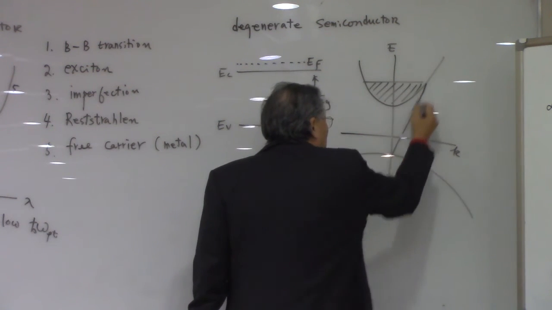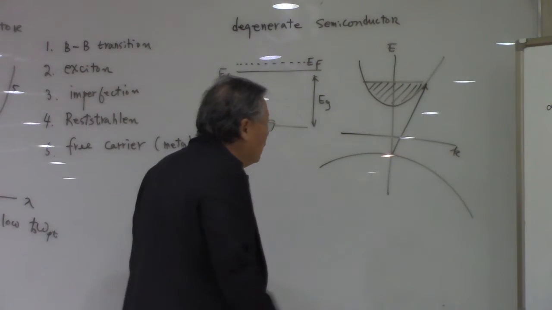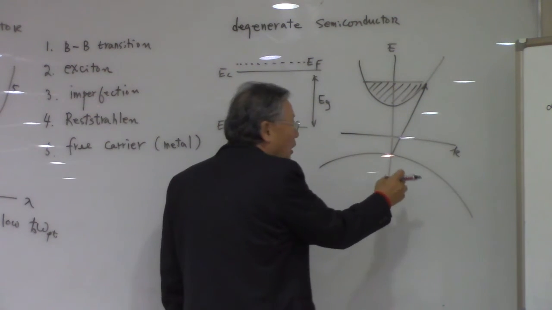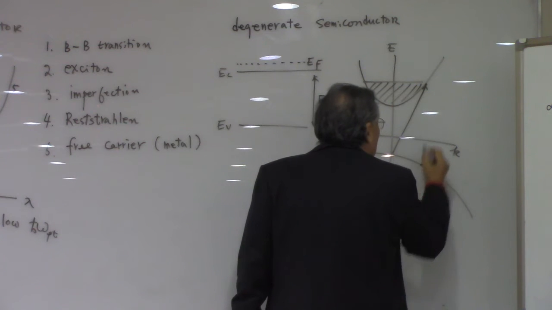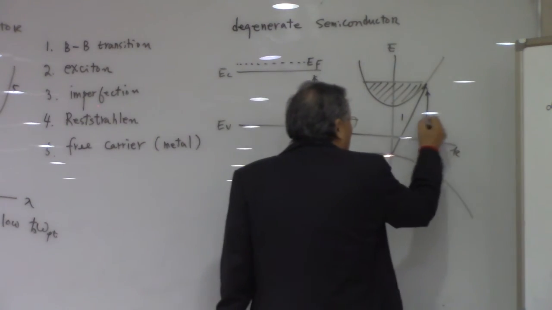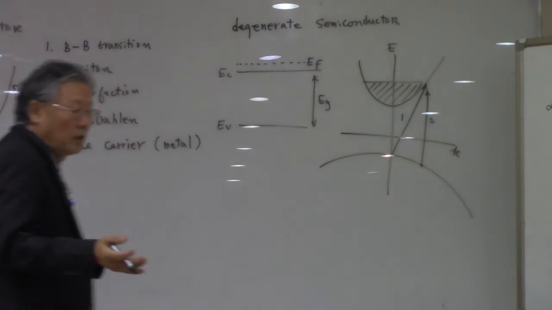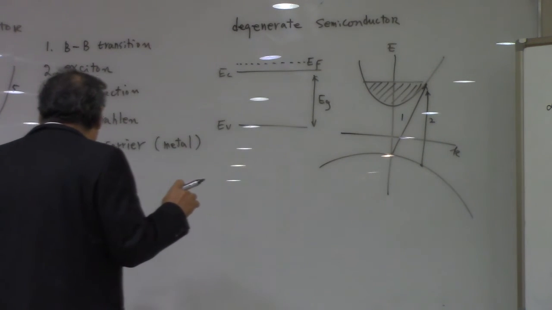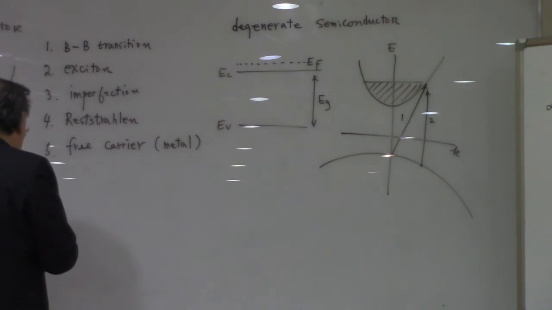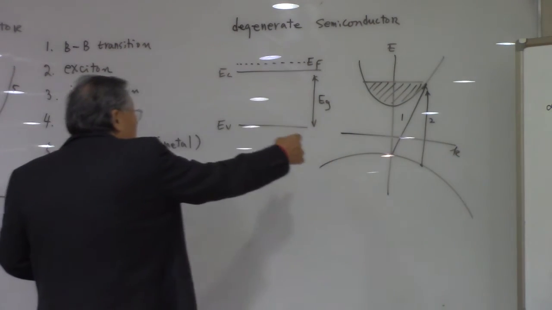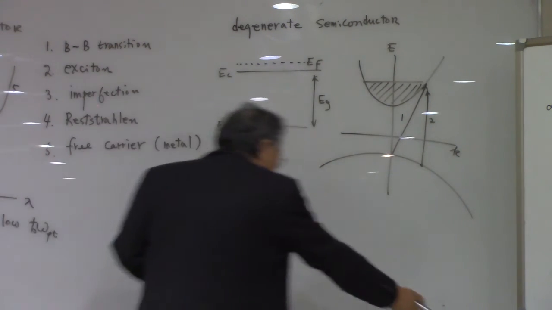One is this, which is the indirect transition, because it is accompanied with the changes in the K values, or this electron is going to be excited to this empty state, and that is the direct transition. Both are possible for the optical transitions. In any case, that happens in the degenerate semiconductors.